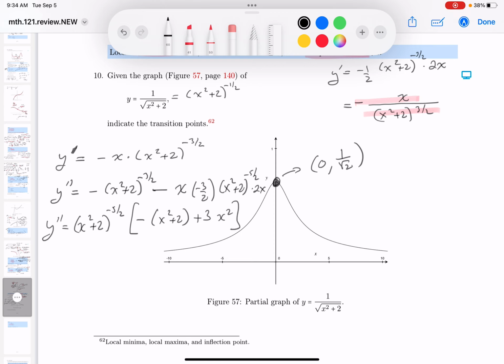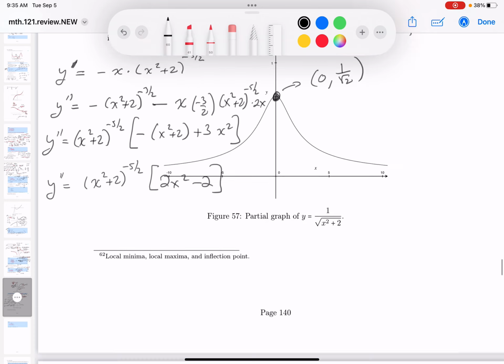And I would say it's fortunate you have a key to look at, that you're aiming for something. Let me write this one down as (x squared plus 2) to the minus 5/2. And then this thing over here, you get 3x squared minus x squared, which is 2x squared, minus 2. Let me make sure I did that right. 3x squared minus x squared is 2x squared, and then you get minus 2.